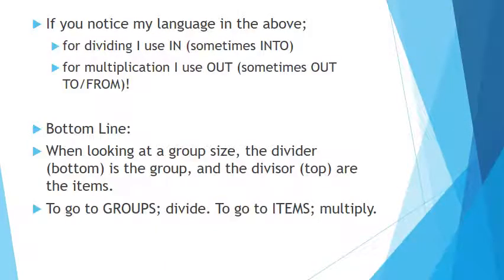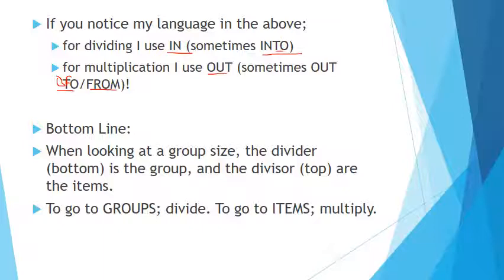If you notice my language above, for dividing I use in, sometimes into. And for multiplication I use out, or sometimes out to or from. I mean, it should be out of. And it turns out that of is the opposite of to, as well as from, at least in how we use it.